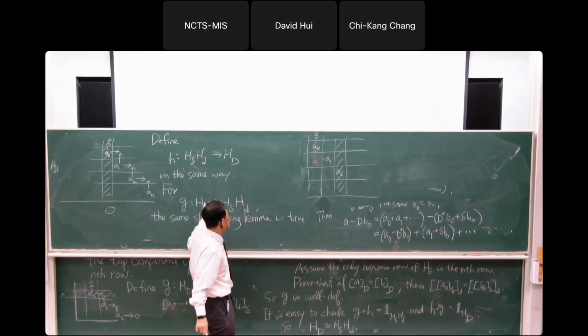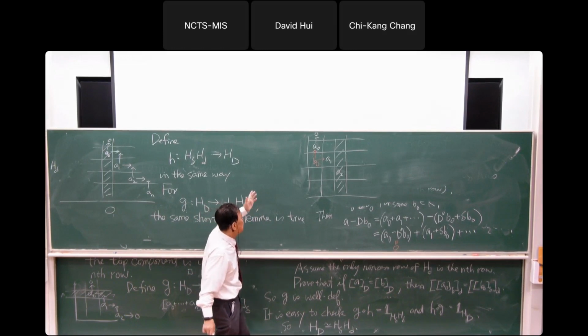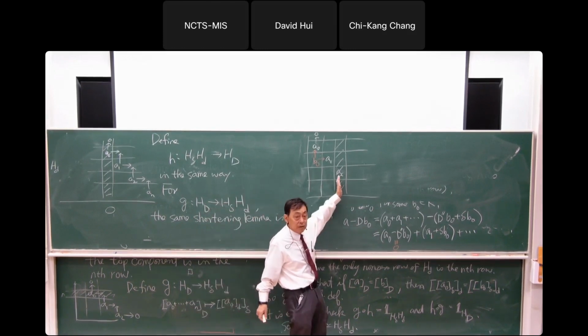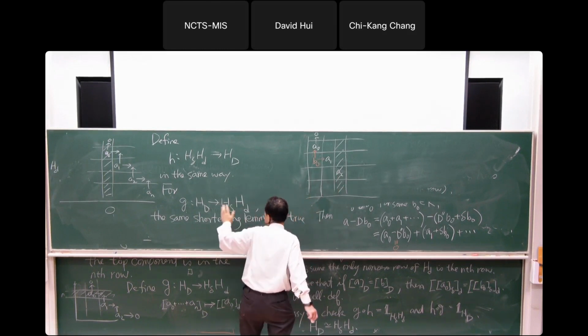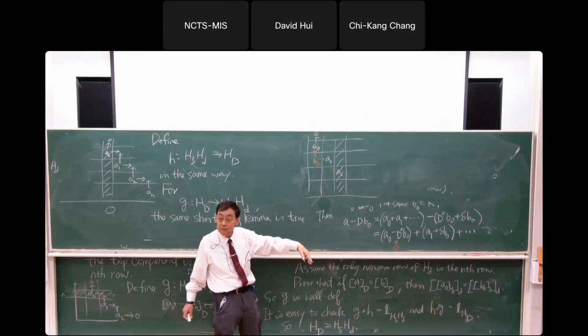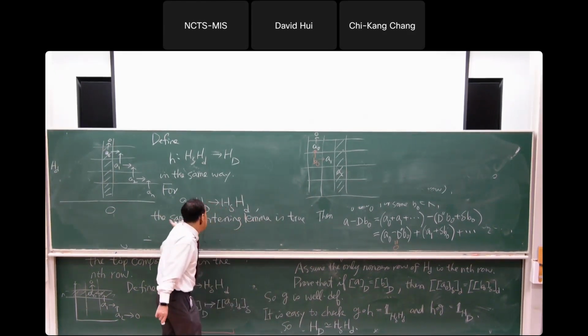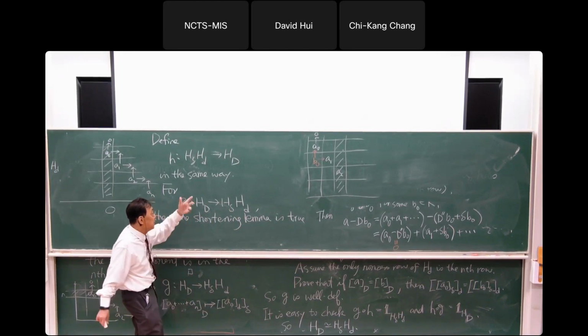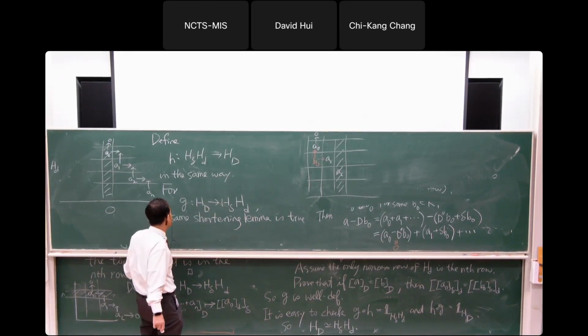And so again, you can assume that you actually start in this column. And then you can define G by just cutting it off. It's the same formula. You just keep the top component, okay?